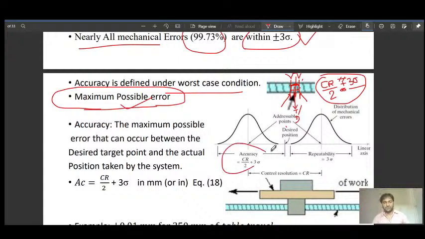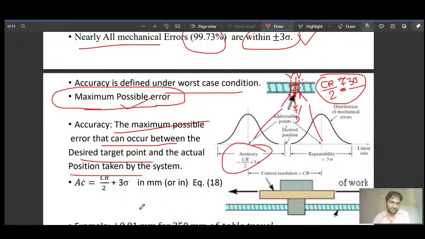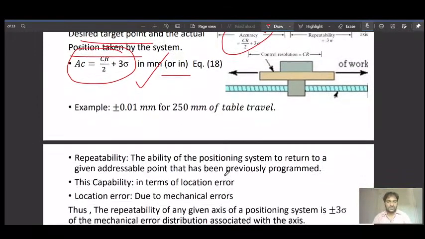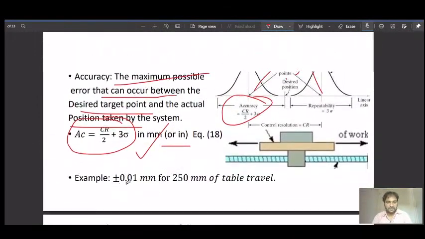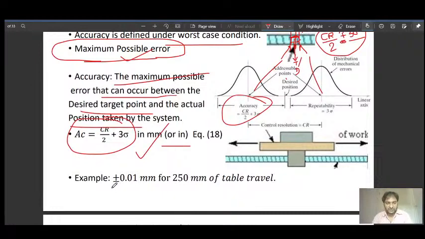So accuracy is the maximum possible error that can occur between the desired target point and the actual position taken by the system. That was the target and actual position, either it will take this one or this one, and it is given by this formula in mm or inches. For example, accuracy is given by plus minus 0.01 mm for 250 mm of travel.